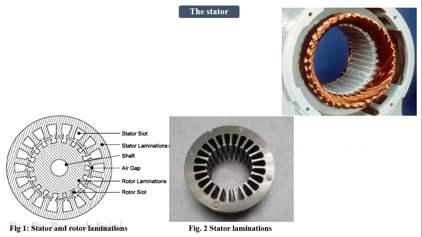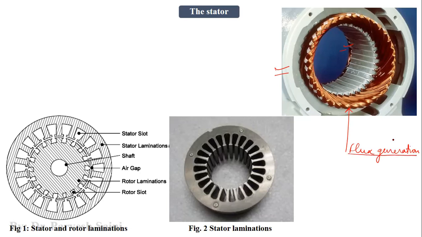So let us come to the stator part. So this is the stator. This diagram represents the stator or static part of the induction motor, that is the three-phase induction motor. As you can see here in this particular diagram, these windings are responsible for the flux generation.